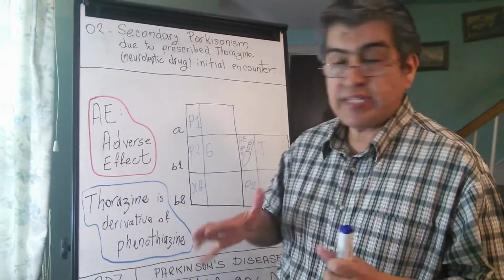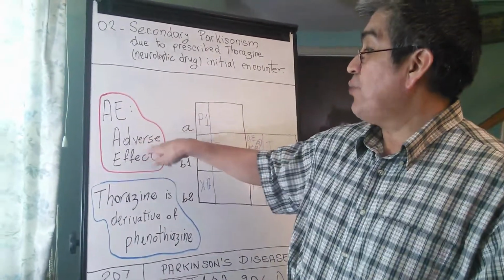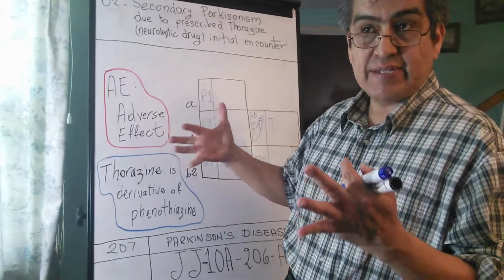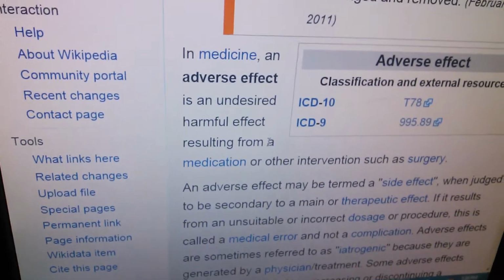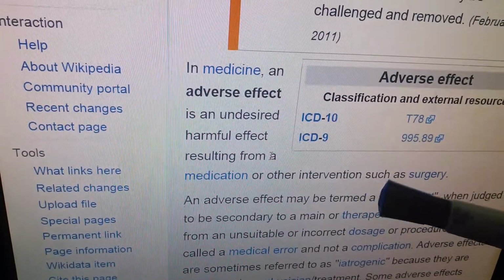Now, in order to understand, you have to have two concepts very clear. An adverse effect. What's an adverse effect? Let's go to the web and read exactly. It's an undesired, harmful effect resulting from a medication. Okay, so what does it mean in this case?